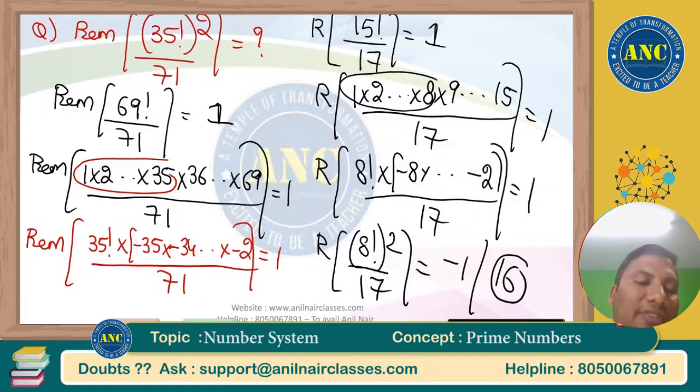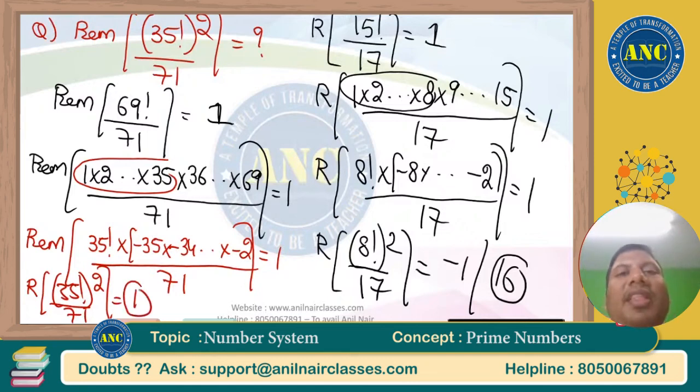From 2 to 35, 34 negatives are there, so 35 factorial whole square divided by 71, the answer is 1.